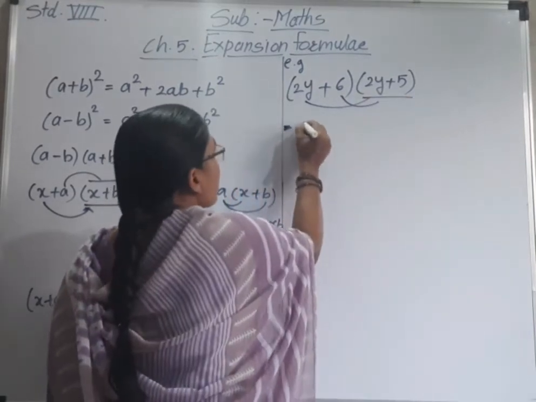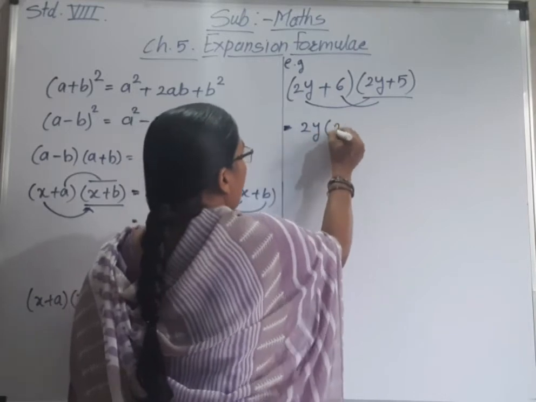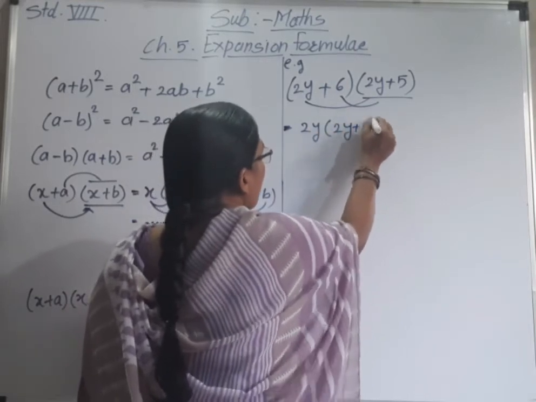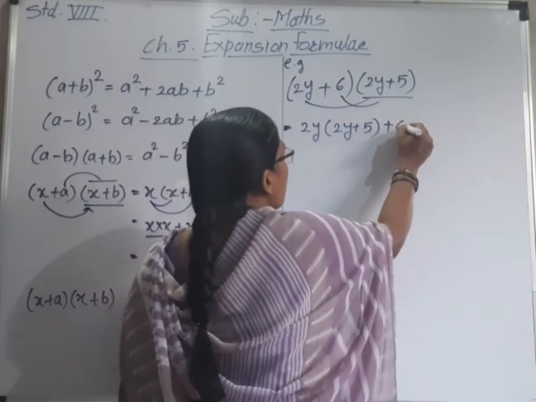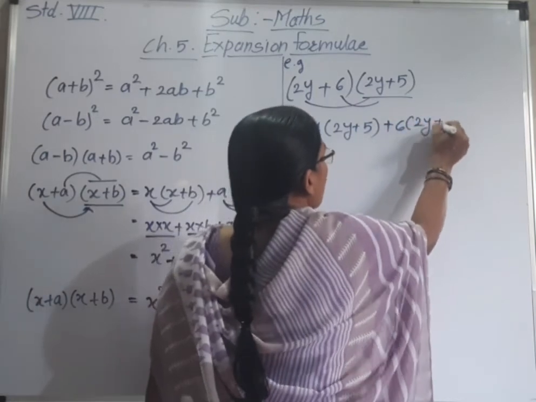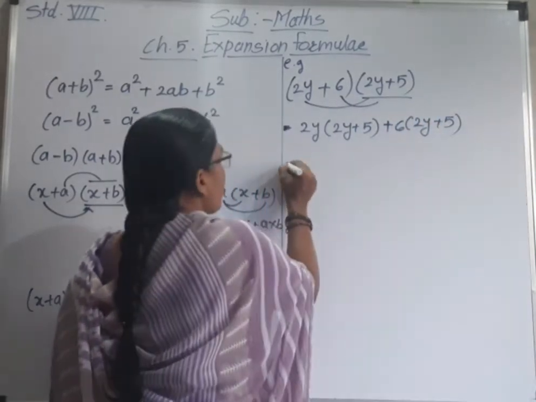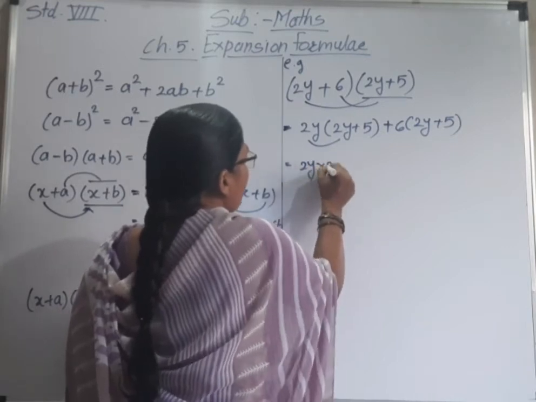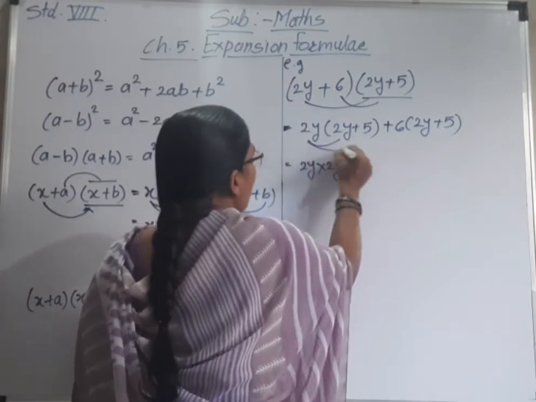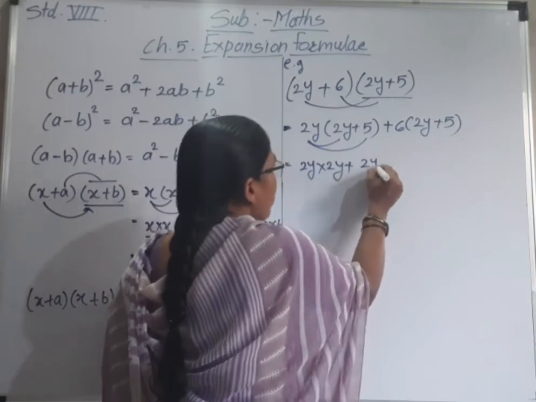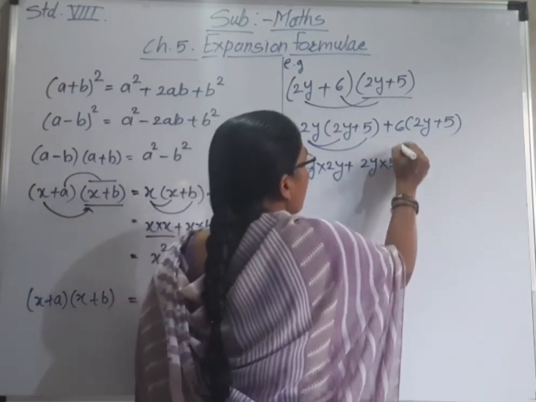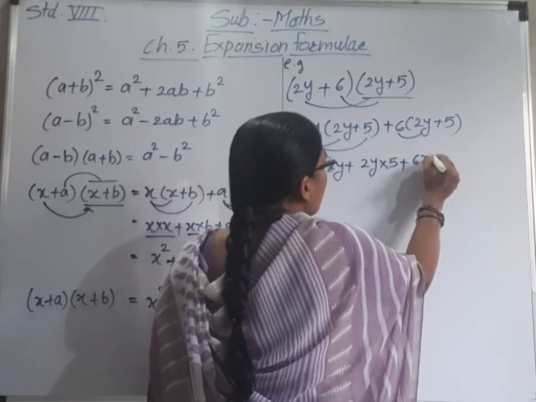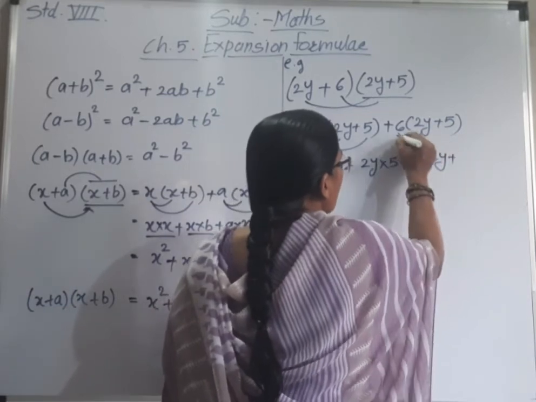So next step, 2y into (2y plus 5) plus 6 into (2y plus 5). Then it is equal to 2y into 2y plus 2y into 5 plus 6 into 2y plus 6 into 5.